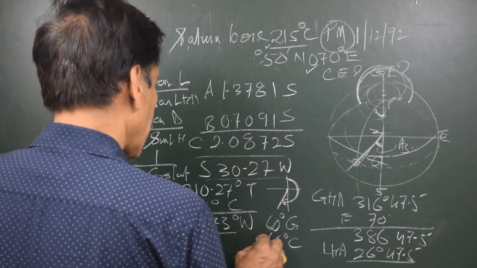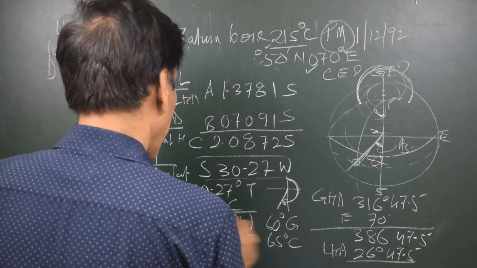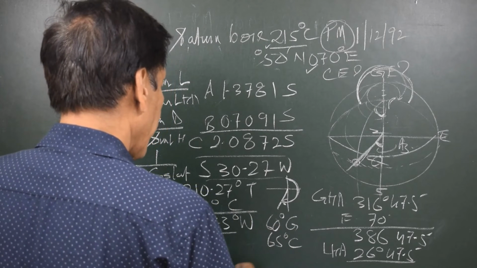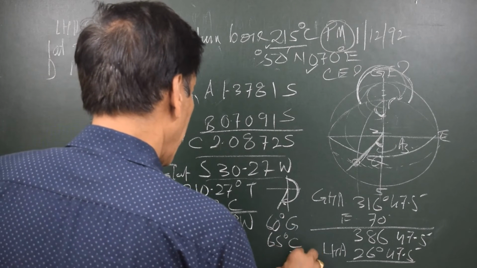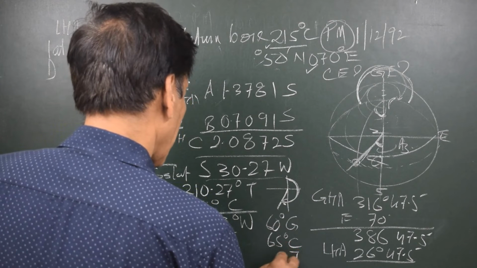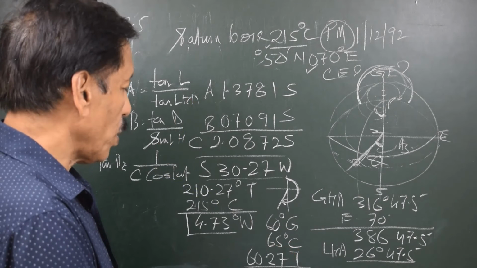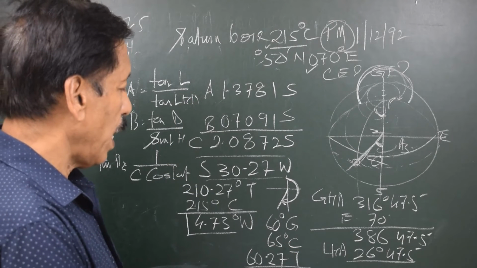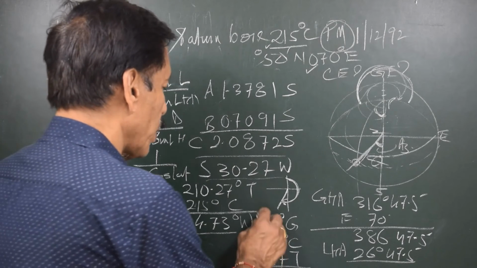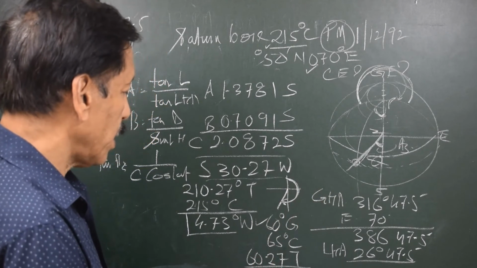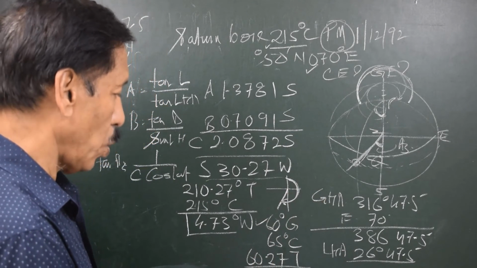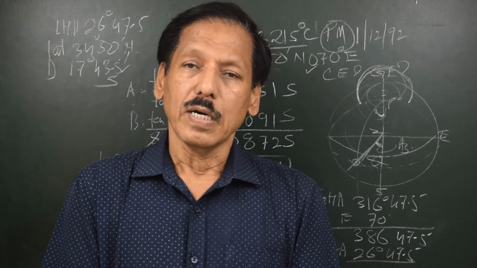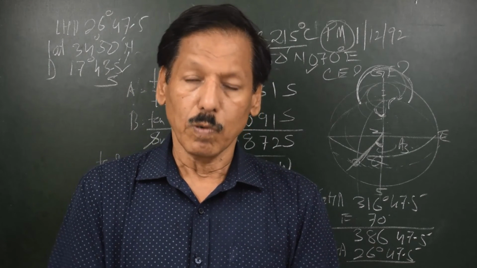Can I say 65 degrees compass would mean, with the error 4.73, the true heading is 60.27, and when I compare with the gyro, I find that the gyro is 0.27 degrees low. So this is how the gyro error can also be found out along with the compass error.